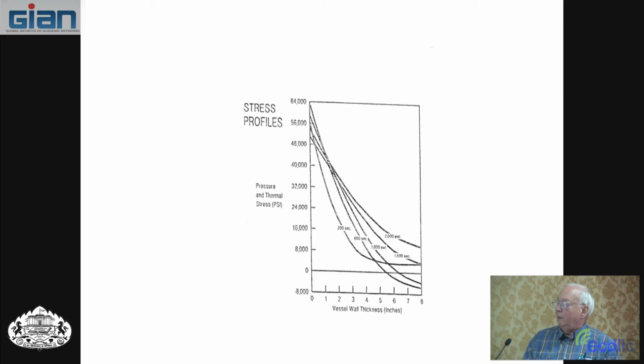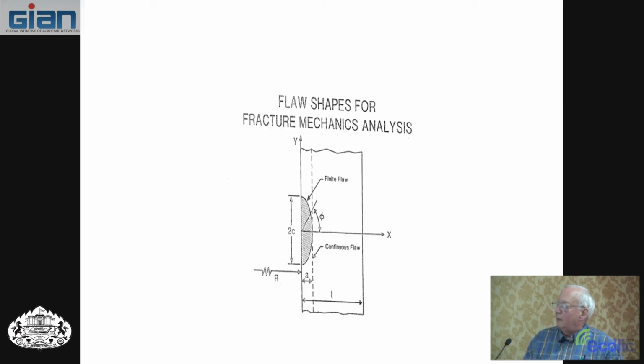The cold side would be high stress, the hot side low stress, and with time going from 200 to 2,000 seconds, you get these profiles. Now this is thickness in inches, and this was about 8 inches. So that was just one example they picked, 8 inches.